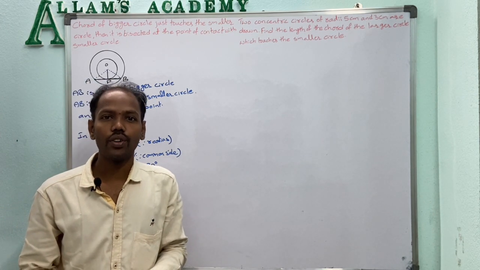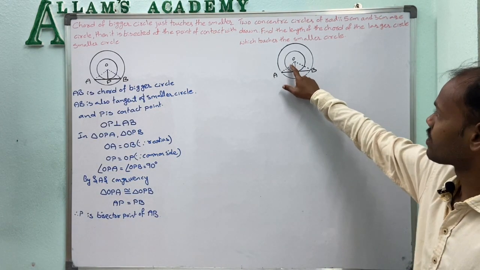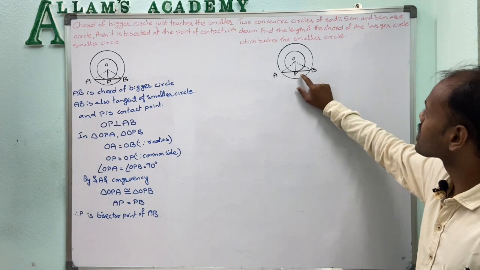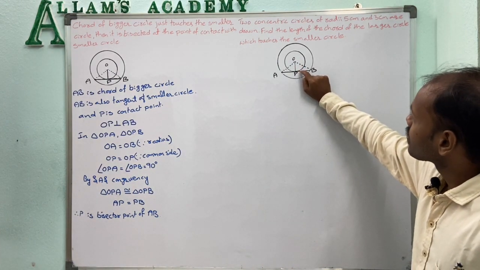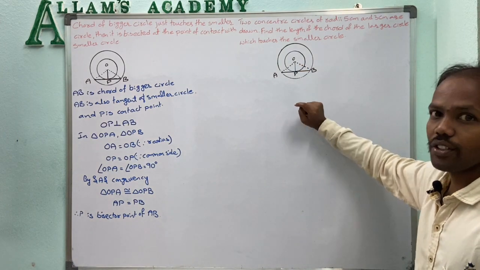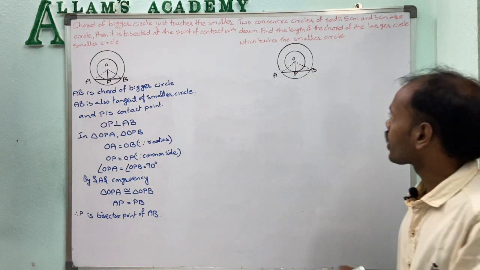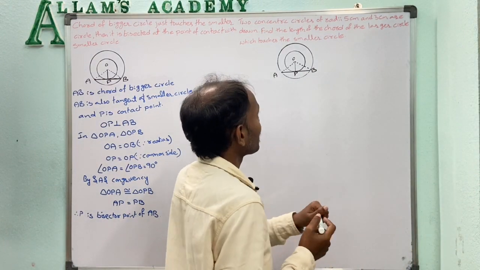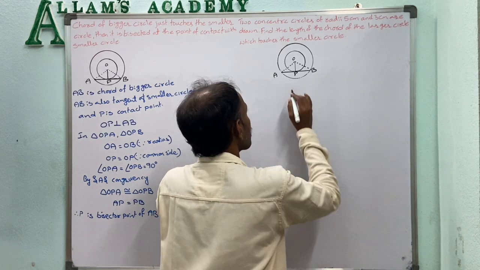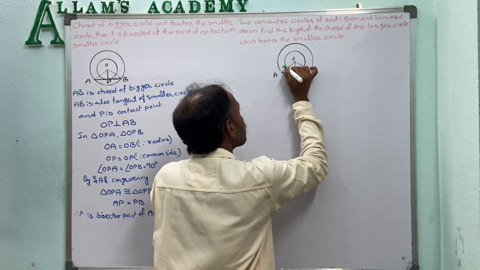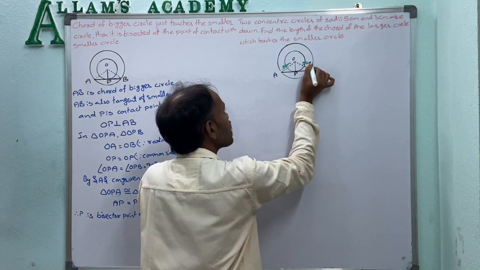Now for the two concentric circles with center O, AB is the chord of the larger circle and that chord is a tangent to the smaller circle at the point of contact P. Given that the radii are 5 centimeters and 3 centimeters, OA length is 5 centimeters and OB length is also 5 centimeters.